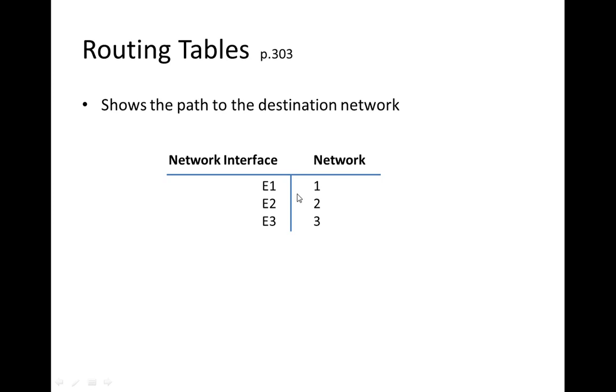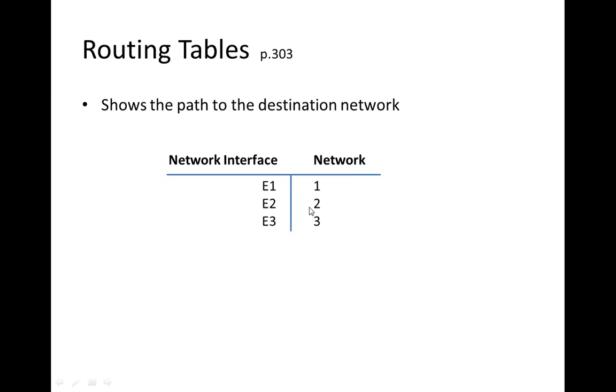How does the router know which network interface card it should push the packet out of to get to the right network? And that's the purpose of a routing table. A routing table is in the RAM of a router, and it shows which network interface card will take you to which network.